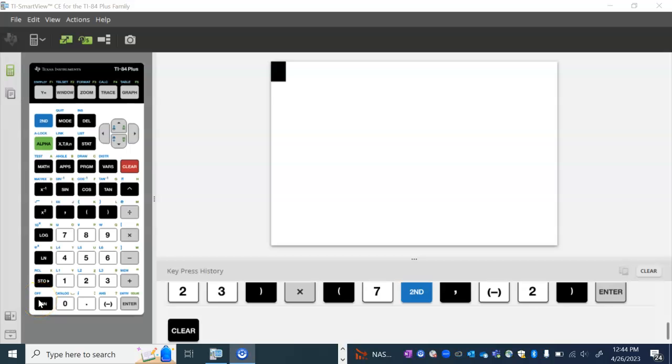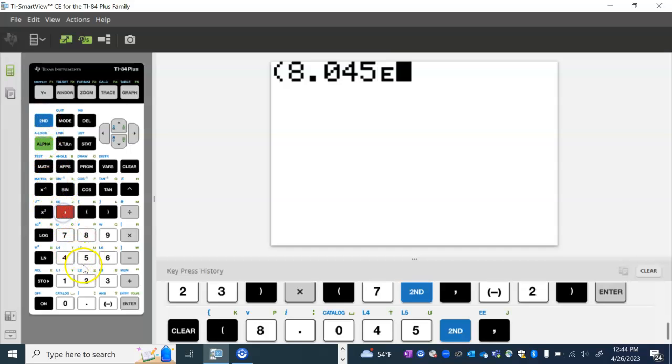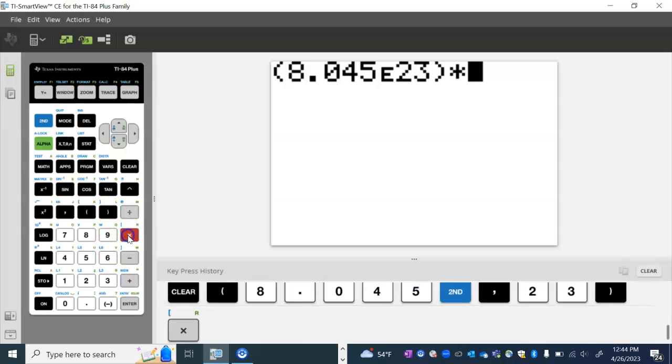Okay, so what I'm going to do is put into my calculator the exact same way I read the problem, parentheses and all. So open parentheses, 8.045 times 10 to the 23rd. So I'm going to second EE 23, and then I'm going to close that parenthesis. I'm going to multiply it, open parenthesis, 7 times 10 to the negative 2.